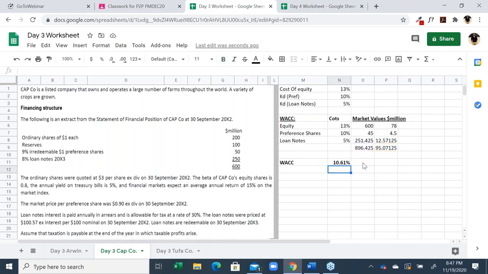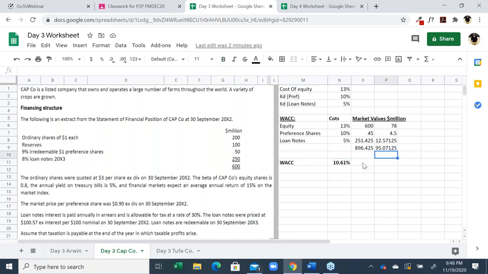Okay, now Aisha has requested that I should go with the other formula of WACC as well. So I'm just explaining the other formula as well, right? In that formula, we need to calculate the proportion of each source of capital.